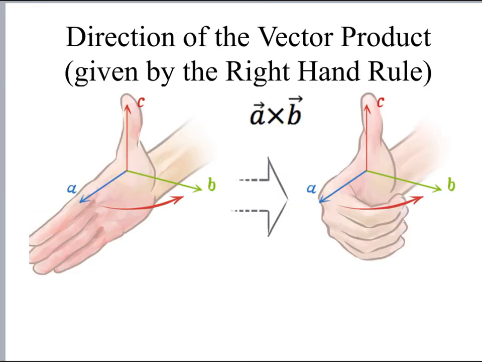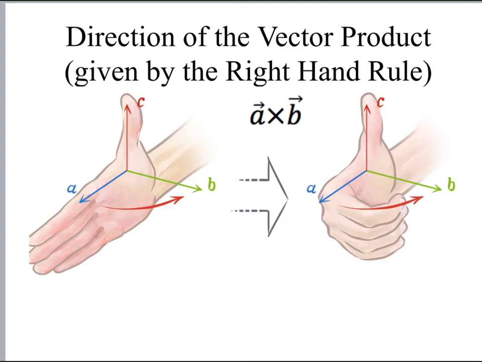Now, once you have the magnitude of the vector product, you need to find its direction. And the way you get the direction is via the right-hand rule. I've got a picture here that I stole off the internet, and the picture has the approach for finding the vector product. So what you do is you make your hand in a sort of karate chop shape with your thumb extended at a right angle.